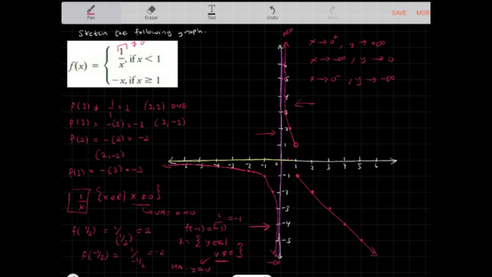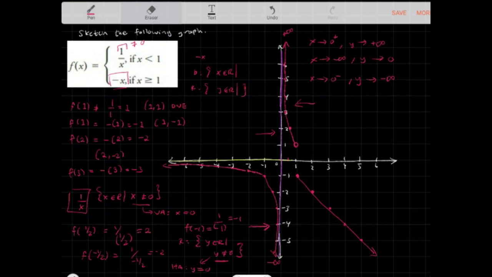And we can notice here that the restrictions of one portion of the piecewise function can be applied for the whole thing. If we look at the second portion of the piecewise function, the negative x, the domain here, x belongs to all real numbers, and y belongs to all real numbers, as long as x is greater than or equal to 1, right?